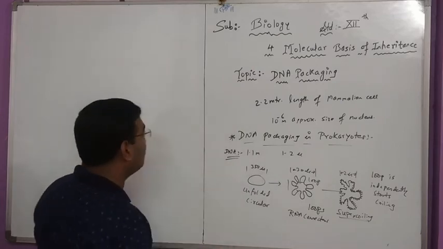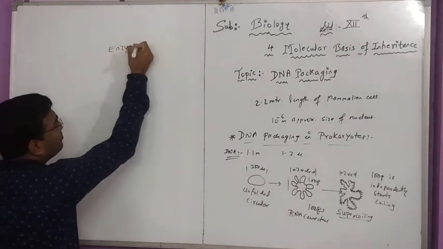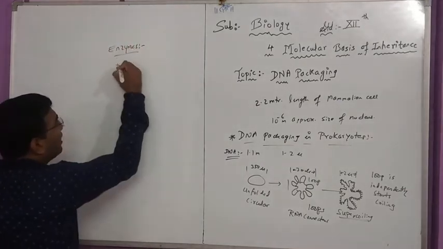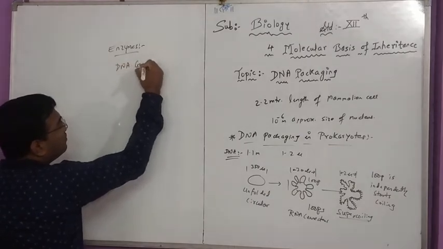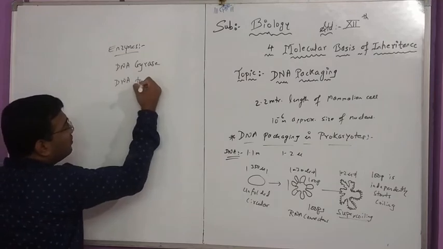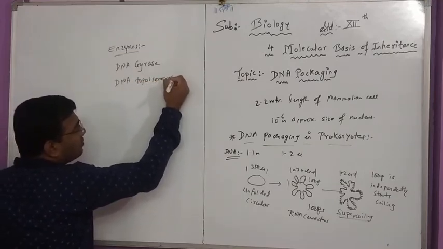For forming a supercoil, it is assisted by certain enzymes. We call such enzymes DNA gyrase, and the second enzyme is DNA topoisomerase 1.